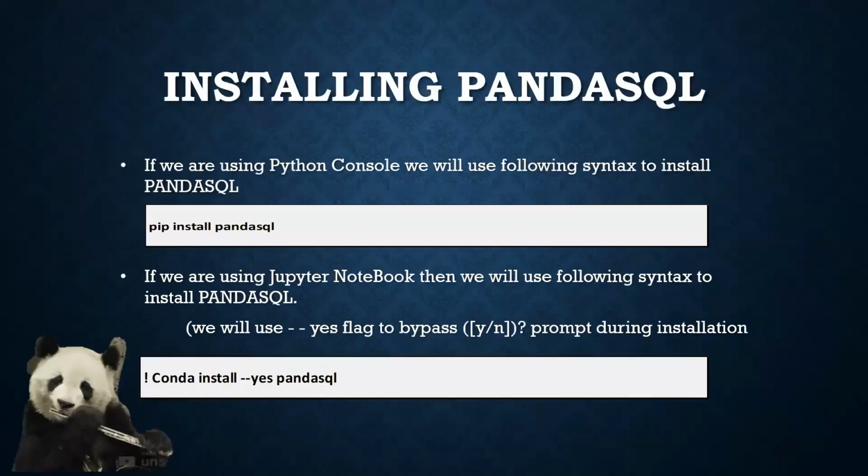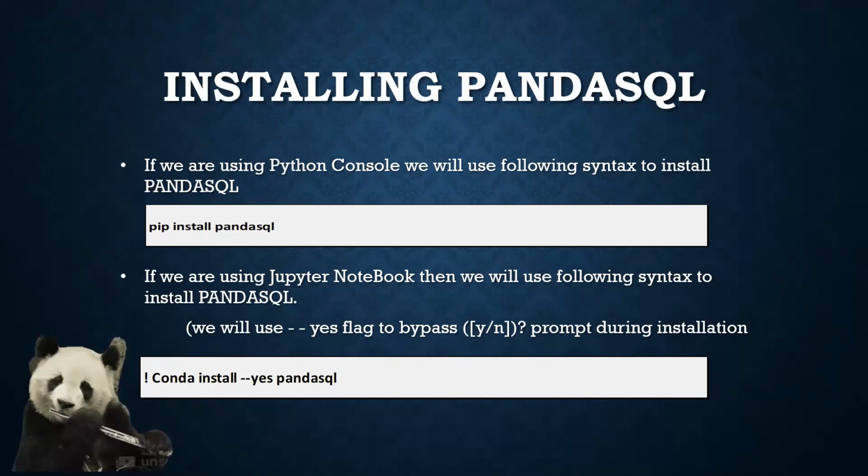We will first begin with installing the Panda SQL library. Depending upon the interface we are using, we will install it. If we are using Python console, we will use the syntax pip install Panda SQL.